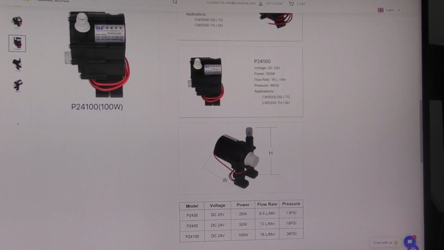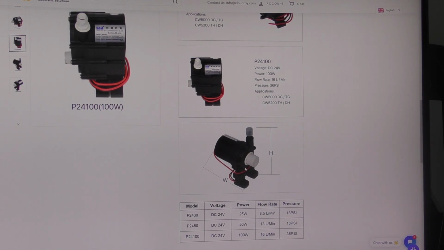Okay, so here we've got the pump that's used in the CW5000 and 5200. It's capable of delivering 16 litres a minute, which remember is roughly 3 times greater than the flow required through the tube, at a pressure of 36 psi. But there is no pressure number in the tube specification.